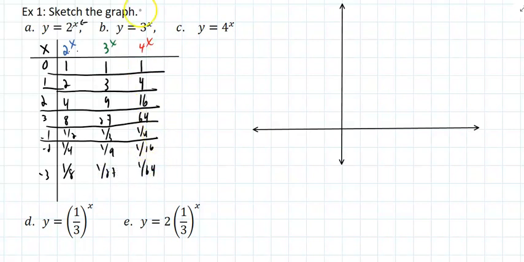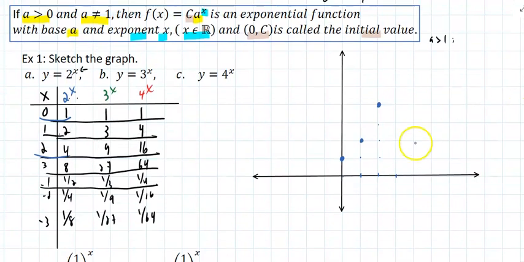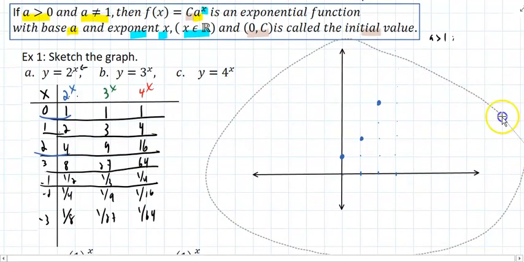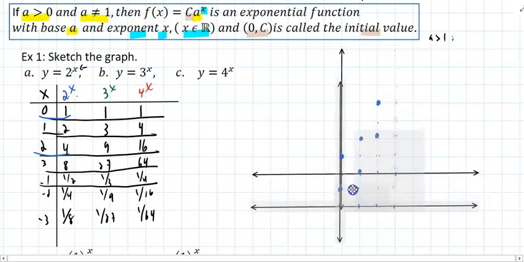So let's talk about the blue graph. 0, 1; 1, 2; 2, 4; 3, 8. Now that I added space, it's going to work to our benefit.